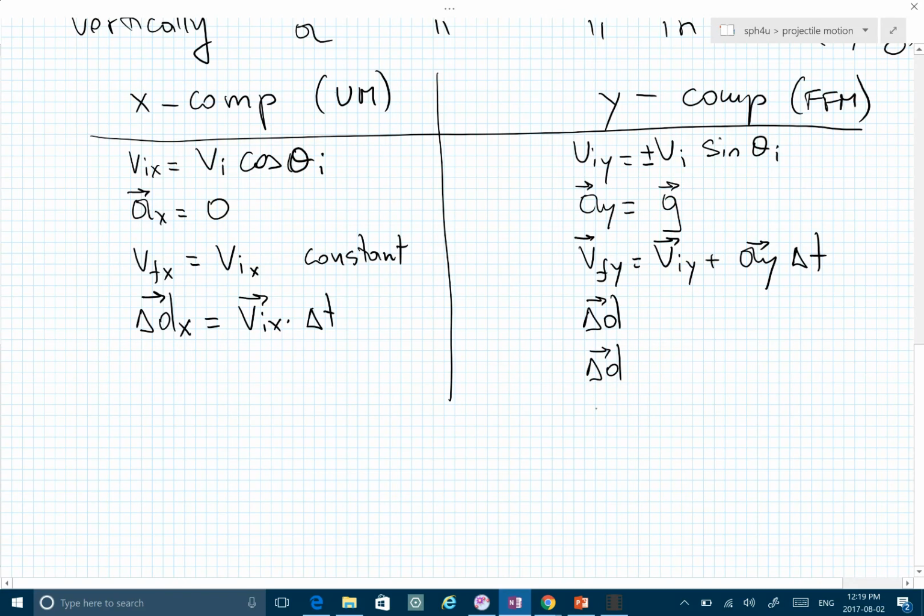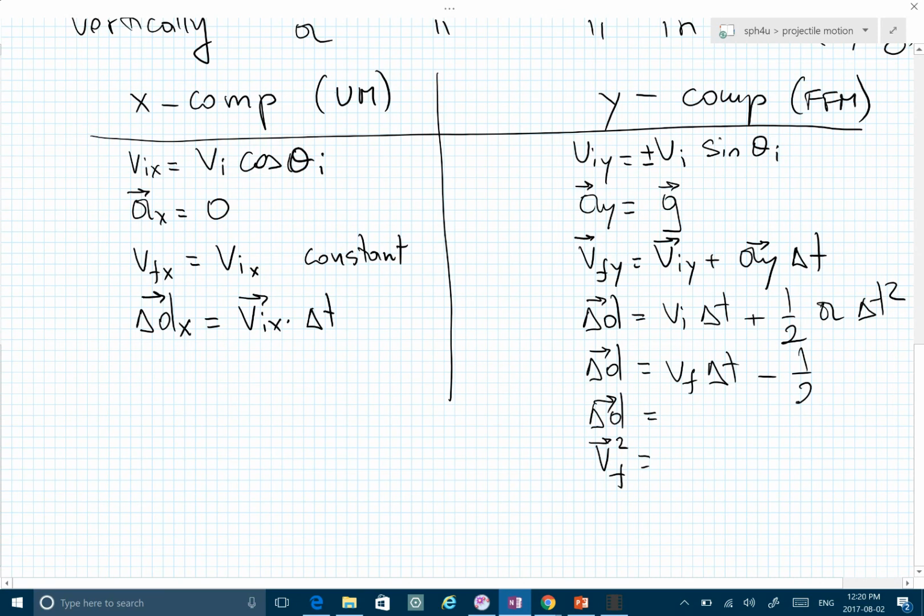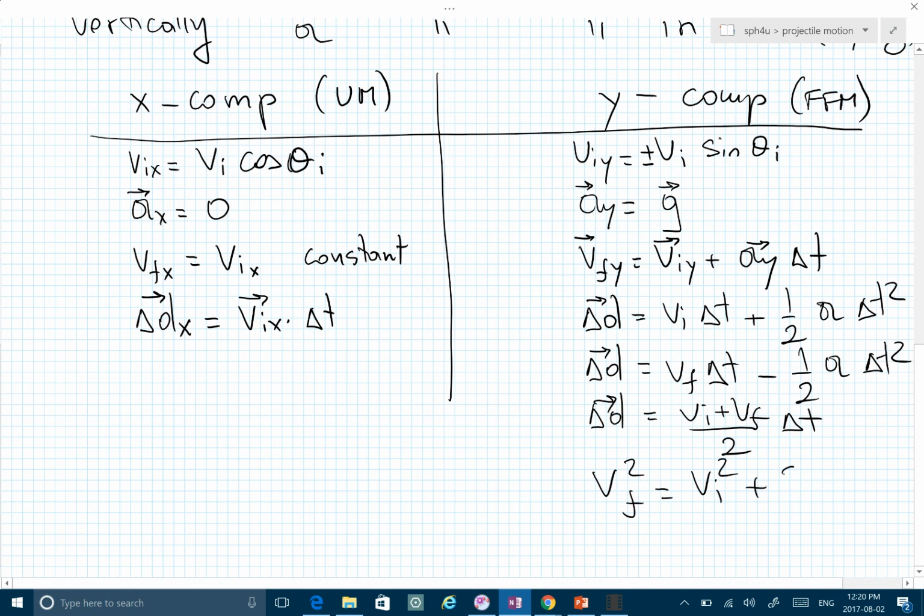Delta d equals Vi delta t plus half of acceleration delta t squared; delta d equals Vf delta t minus half of acceleration delta t squared; delta d equals Vi plus Vf divided by 2 times delta t; and the last one, Vf squared is equal to Vi squared plus 2 times the acceleration times delta d.